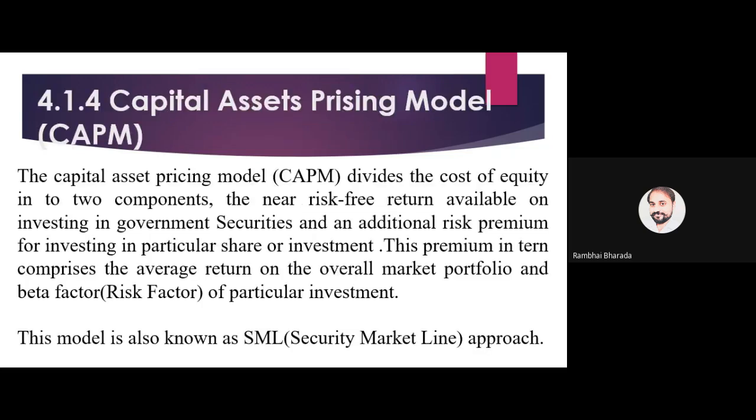And lastly, we have discussed the fifth method, CAPM. Please remember the full form and the formula both. Again, this model depends upon two components. First is risk-free securities, generally called RF, a return on risk-free securities. And number two is risk premium or risk factor.